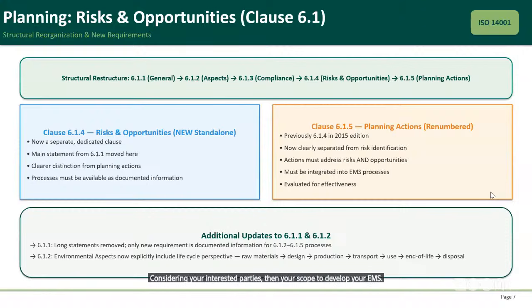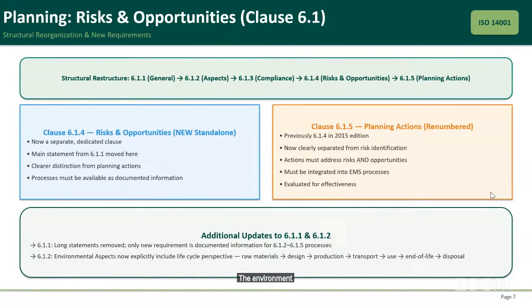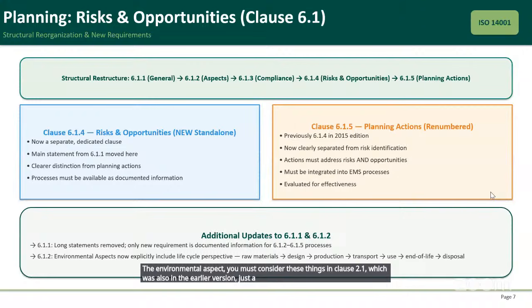Now clause 6.1.4 says that when determining actions to address your risk, when you are talking about your environmental aspects, you must consider the things in clause 4.1, which was also in the earlier version, just a repositioning. So now it's clearly separate from risk identification.